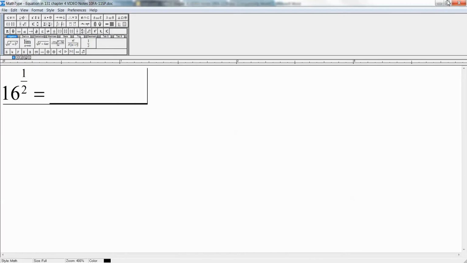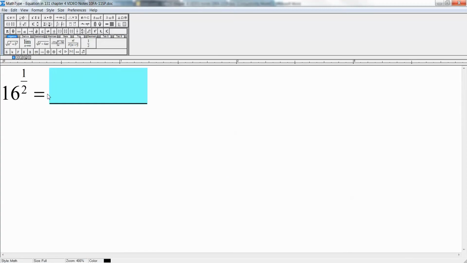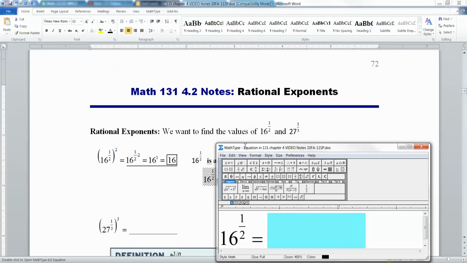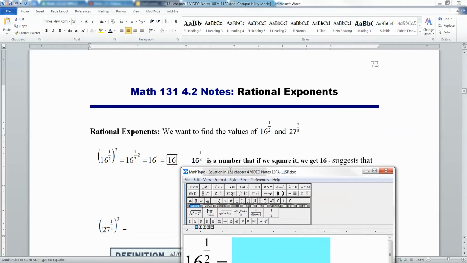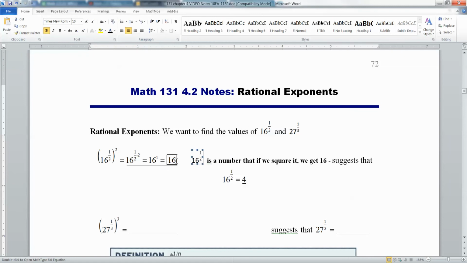That suggests that 16 to the half is actually equal to, okay, now think about this. What number can you raise to the 2 power, can you square and get 16? 4, right? Because if you take 4 and raise it to the 2 power, you're going to get 16.